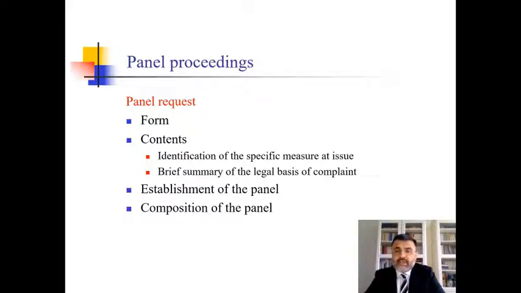So we never had a panel with 5 members. The rule about composition is that the parties to the dispute, the respondent and the complainant, should agree on 3 names. If they do, those are going to be the panelists that will be serving in this panel.